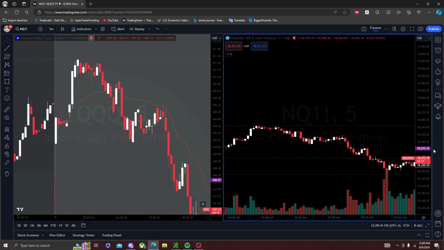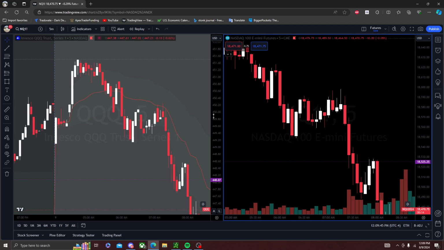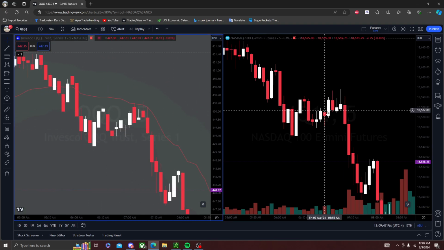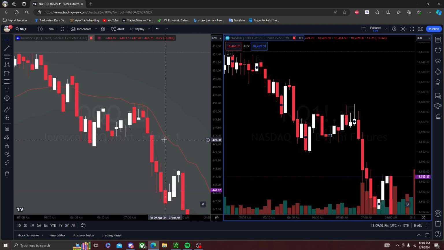In this case, this was during the overnight session, aka 6 a.m. for us. Same exact structure, just a different scale and a different size in terms of its overall price. These are exact mirrors of each other.